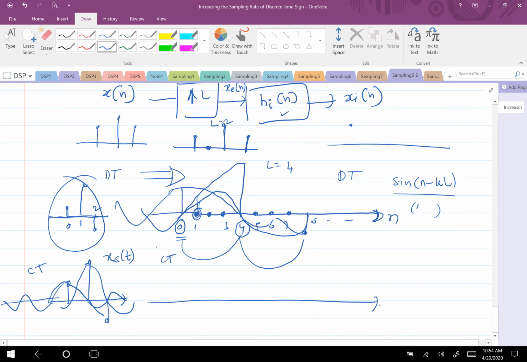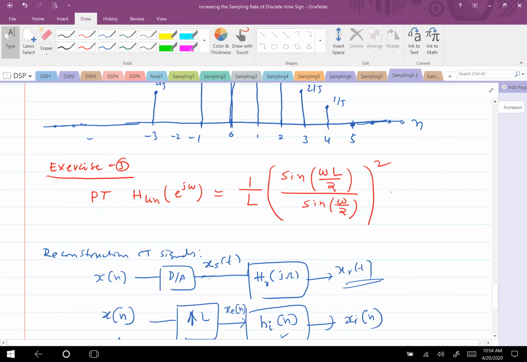Whereas here the axis would remain the same, but in between these nT values, xc of nT would give you x of n value, right? No, from x of n, you in fact got xc of nT, it's the other way around. So only at those points nT you have it. In between, at intermediate t values which are not integer multiples of capital T, you are interpolating it. Is that clear?